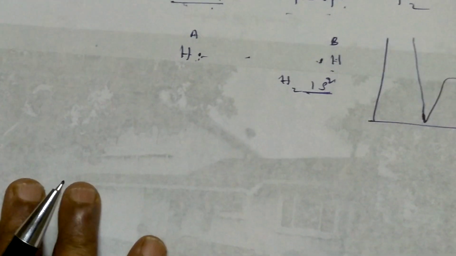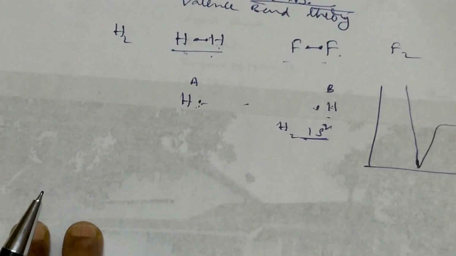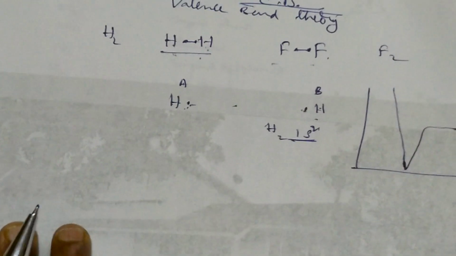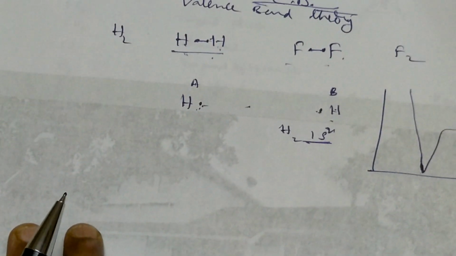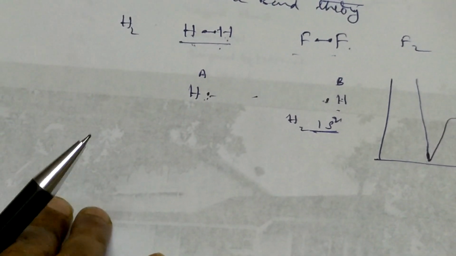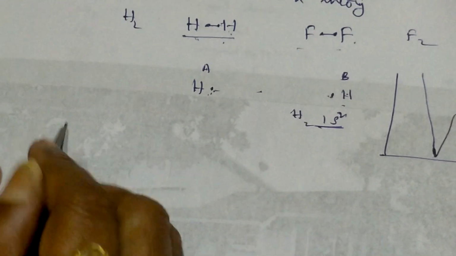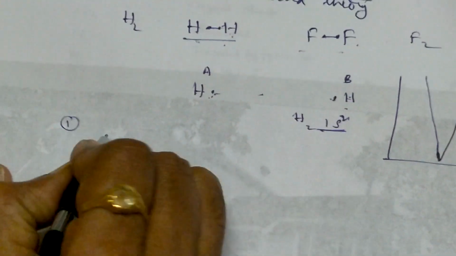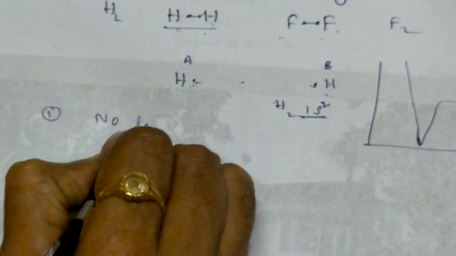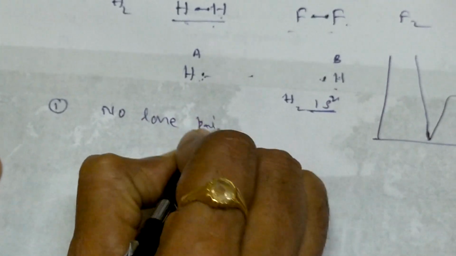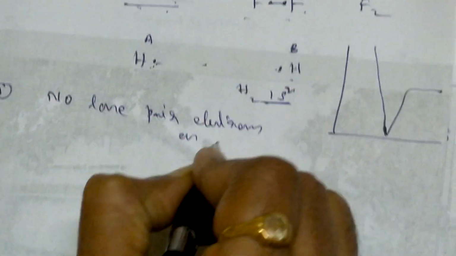Now coming to the shape. They could explain only some of the shapes of molecules; some they could not explain by Lewis theory or valence shell electron pair repulsion theory. Now how can this be explained? Here there are three varieties. One is no lone pair electrons on the central atom.